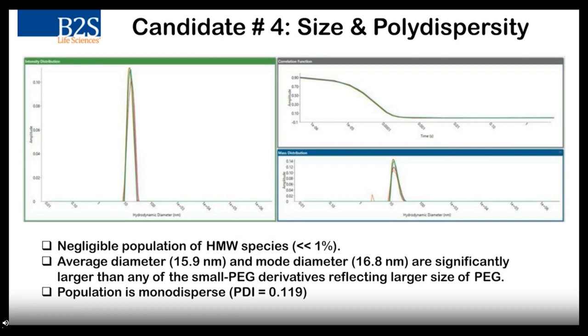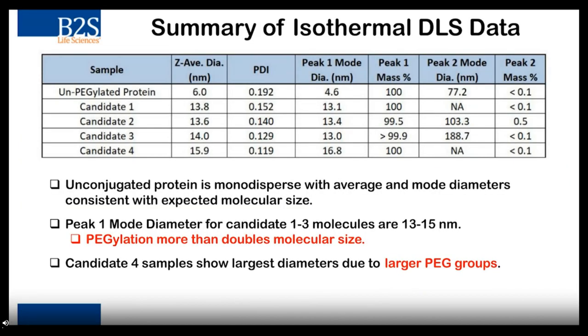And when you look at the diameters as well, they're significantly larger than the small PEG derivatives and larger still than the unpegylated protein, which is all consistent with expectation. And the polydispersity index of this one was also the best, indicating the highest uniformity of any of the numbered candidates.